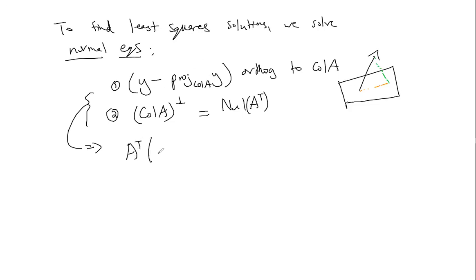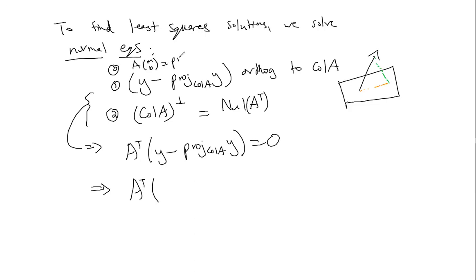A transpose times this vector equals 0. The thing we're using is that A times (m, b) equals the projection of y.